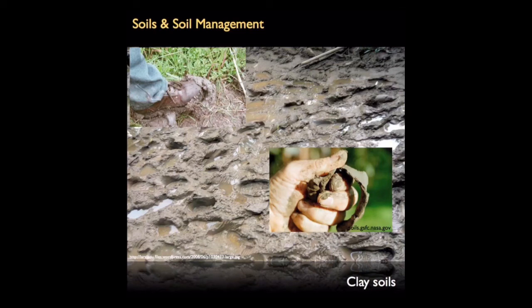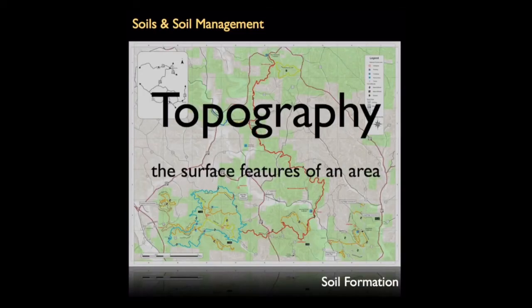This physical weathering of rock to produce smaller particles that end up making up soil is greatly influenced by topography, or the surface features of an area. Relief, or the shape of the land surface, determines whether soil particles stay in place or where they end up, and how much water is held in the soil.